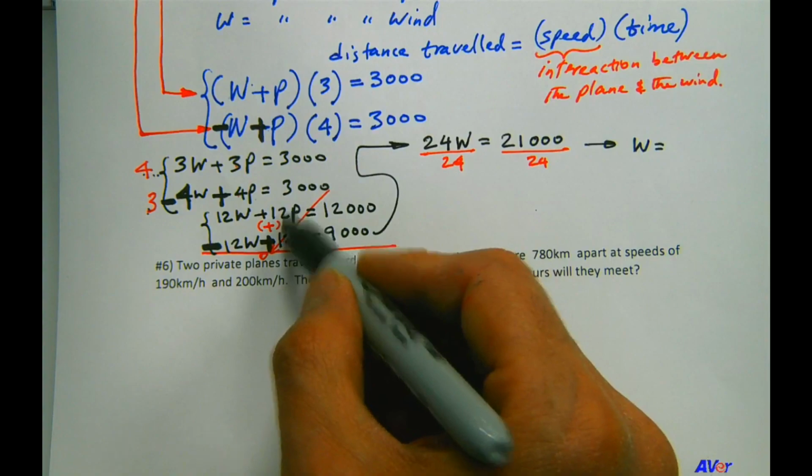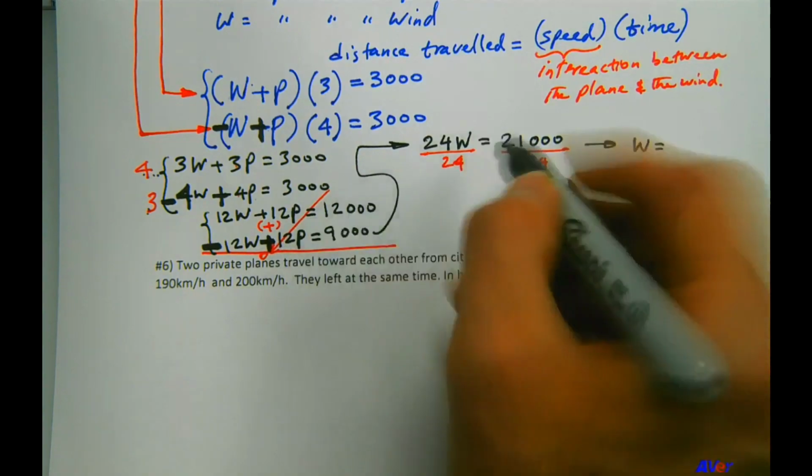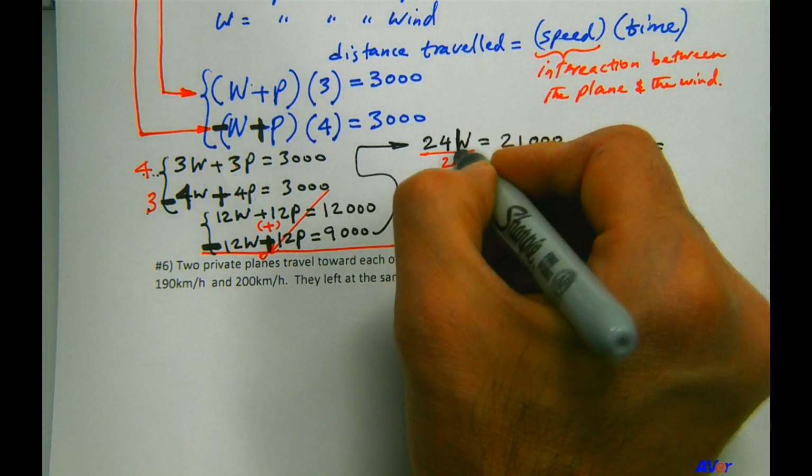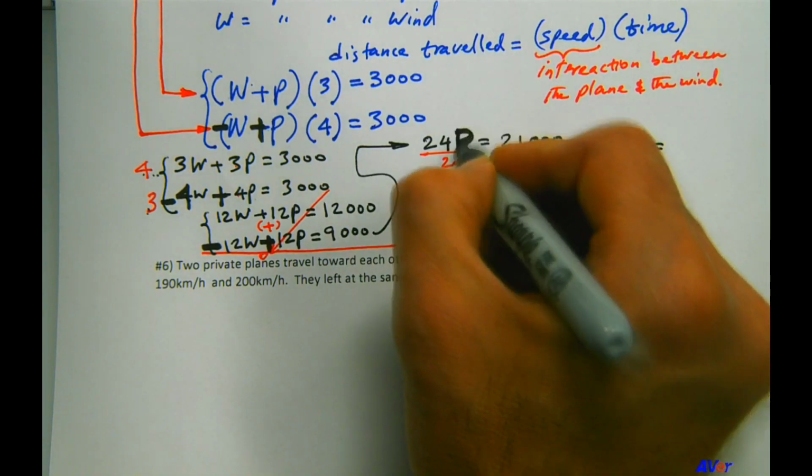Instead we get 12 plus 12, 24P is the variable that remains.